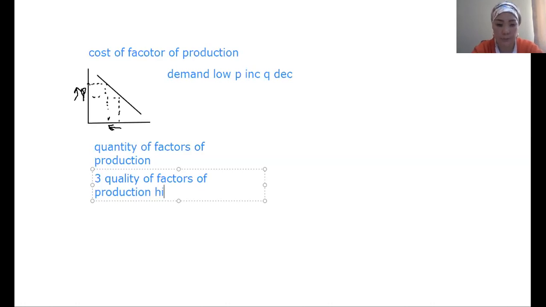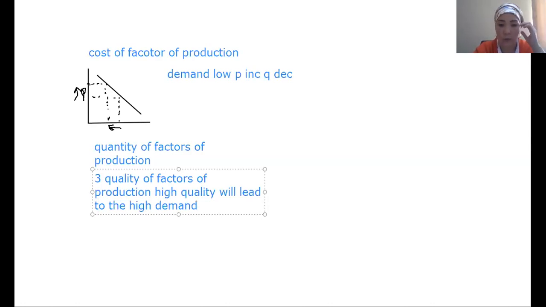High quality will lead to the high demand. But before demand, it will lead to the high what? Exactly, cost.